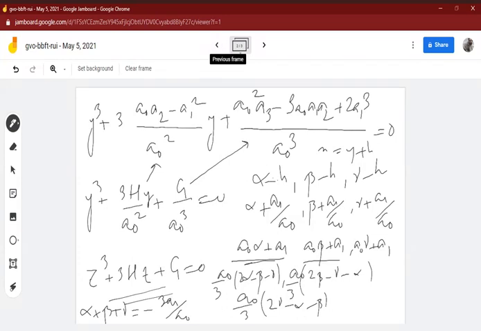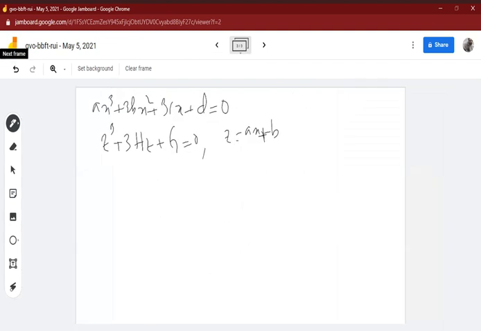In this case a0, a1, a2, a3 are, in our case, a, b, c, d. So a0 is a, a1 is b, a2 is c, and a3 is d. So what is your h? H is a0 a2 minus a1 square. So h equals ac minus b square, and what is z?